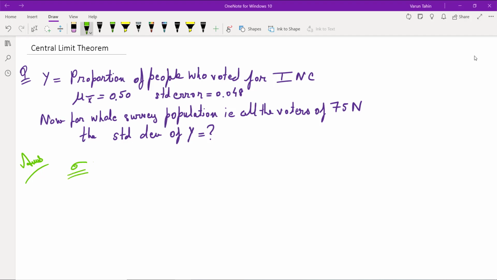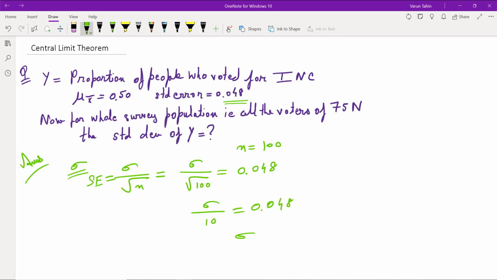Using CLT, we can say that sigma by square root n, which is the standard error, is equal to sigma by square root of 100, because n is equal to 100 over here, and the standard error is already given, so we will equate this to 0.048. The square root of 100 is 10, so we multiply 0.048 by 10 and get 0.48, or approximately 48%, which is our answer.